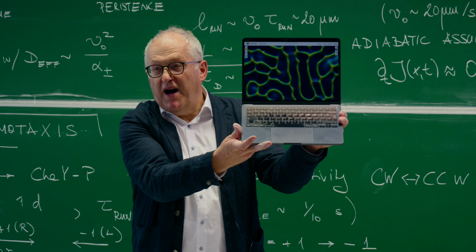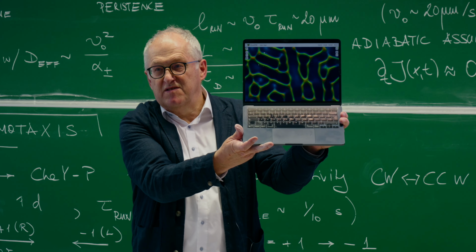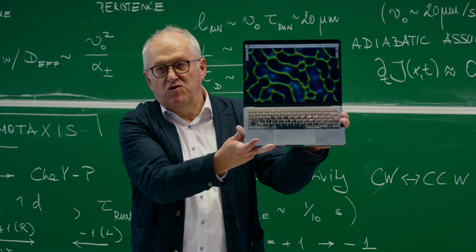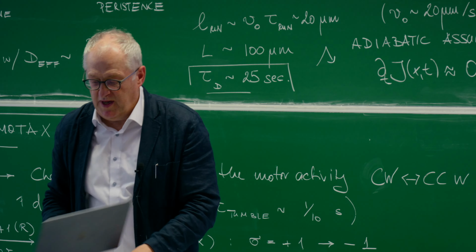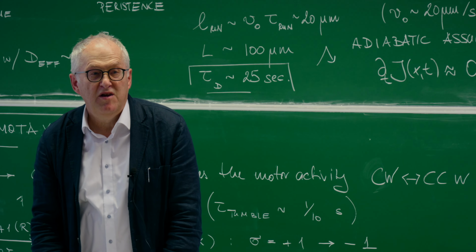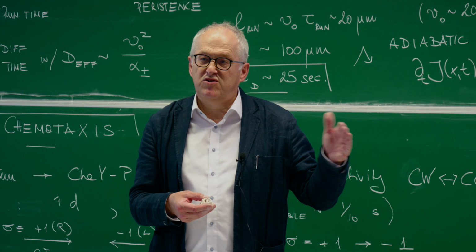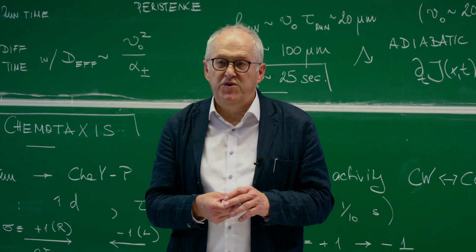And this is not the only pattern. There are many, many different patterns this system shows. And when you go to the website, and I think Toby sent around the corresponding information, you can play with the parameters and then see that this Keller-Segel model shows all kinds of beautiful phenomena.